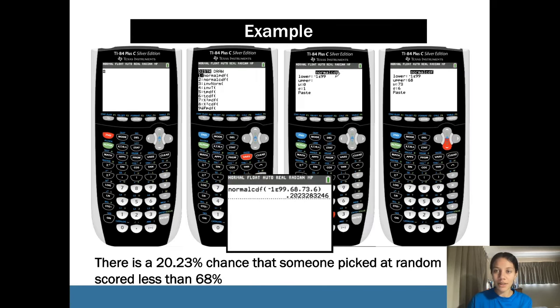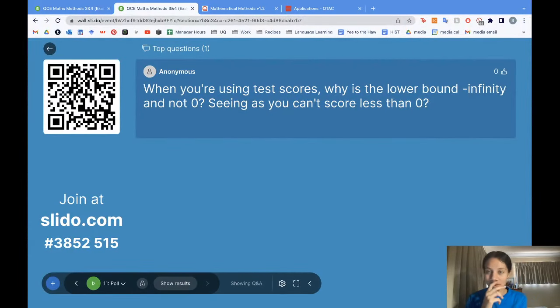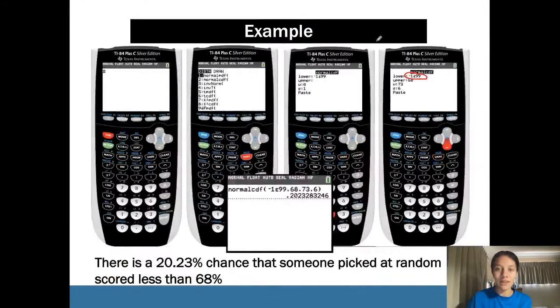Because I think for the lower bound here, the reason we just have negative infinity is to account for the fact that this is in terms of the distribution itself rather than the test score itself, so looking at the distribution of the values. I'm probably butchering the answer to this question, but feel free to chuck in another question clarifying. I think it's that one that I'm mentioning at the moment.